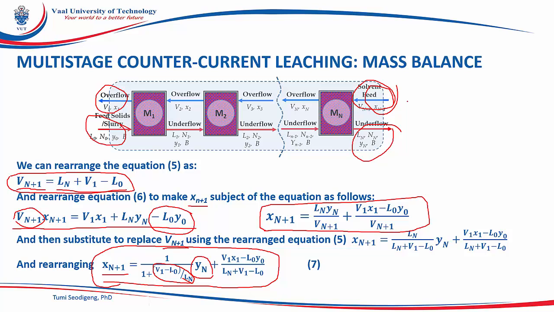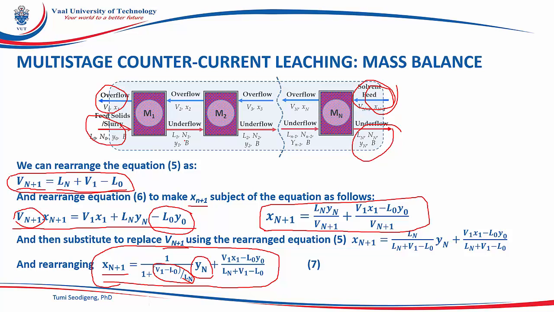If the amount of solution in the L phase does not change as we move across from lower number stages to higher number stages, and the solution retained in the underflow from stage to stage does not change with the solute concentration, we will end up with a situation that is referred to as the constant underflow, where the total flow of the L phase does not change and remains constant from stage to stage.